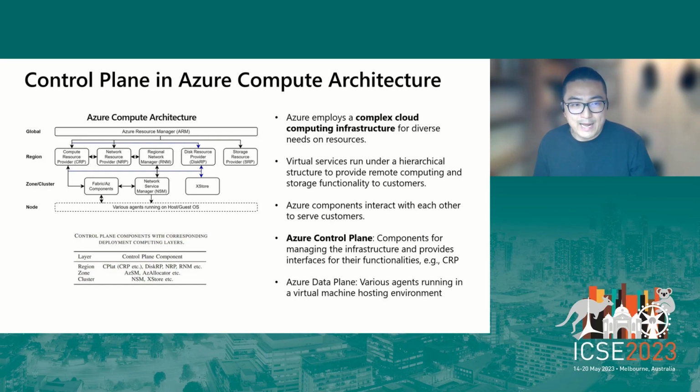The global service like Azure resource provider, also called ARM, interacts with regional and zonal resource providers to manage cloud resources for customers. For example, to create a virtual machine or allocate computing resources, the ARM would interact with CRP, the compute resource provider, to process the client requests and further interact with other components through API calls.